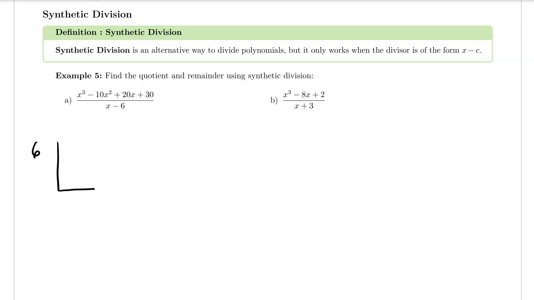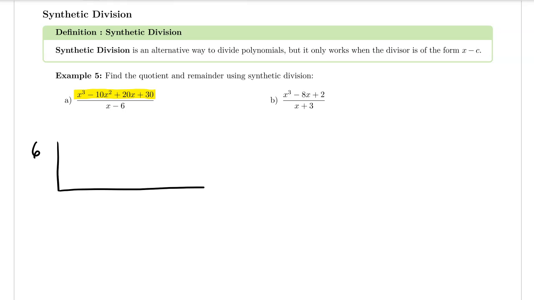And then I'm going to make this box. It almost looks like the long division box, but it's upside down and a little bit longer. And inside the box, in this top row here, I'm going to place the coefficients of my numerator polynomial, assuming that all of the terms are in order of their descending degrees.